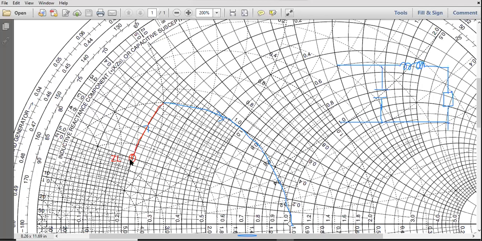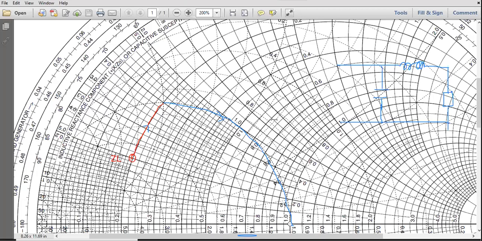So we have taken a difference. This is XL, and this point I'll name as point A, or whatever you like. This is the reactance, and while putting it on the Smith chart, what do we do? We do the normalization as we did just now.